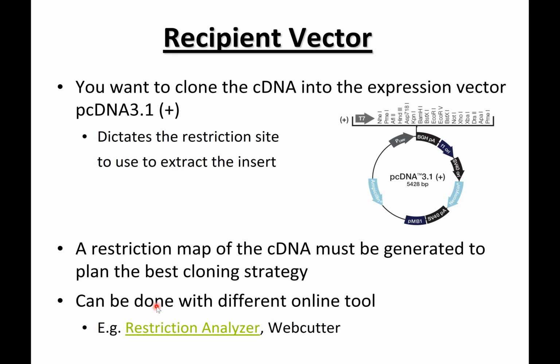There are different online tools that allow you to put your sequence inside and get it analyzed for the restriction enzymes that are in there. They're all different, and some of them are better than others. The one I used to use was WebCutter, but it's not working anymore, at least the last time I checked. But I love this Restriction Analyzer tool as well.